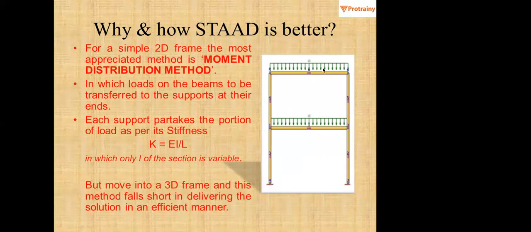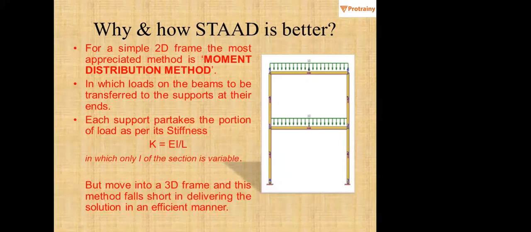This can be analyzed using the moment distribution method. But move into a 3D frame, and this method falls short in delivering the solution in an efficient manner. When we are moving into a 3D realm, what is going to happen? You can go through the moment distribution method, but first it is going to be very tedious.